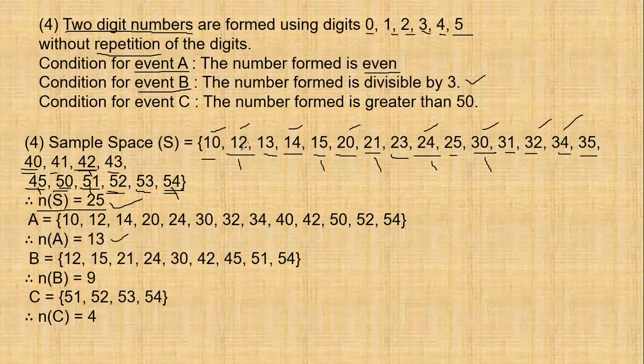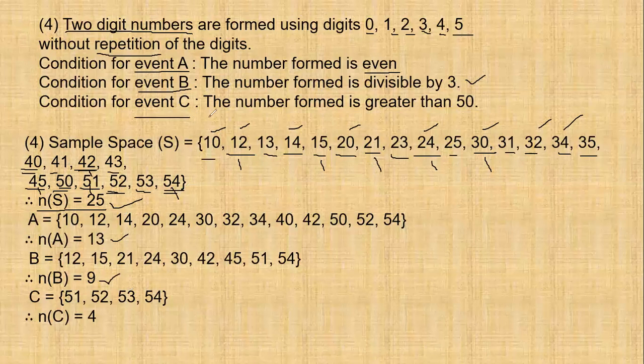So how many numbers? 1, 2, 3, 4, 5, 6, 7, 8, 9. So total numbers are 9.